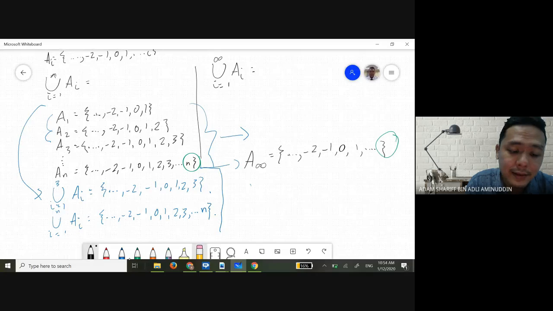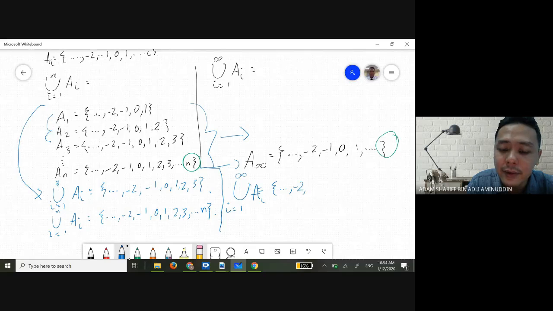Maka, membawa idea daripada sebelah ke sini, if I equals to 1 and I equals to infinity, then it will be -2, -1, 0, 1, 2, 3, blah. Nombor besar.